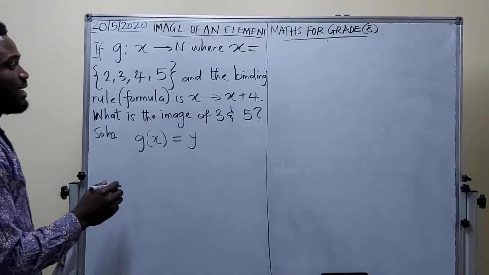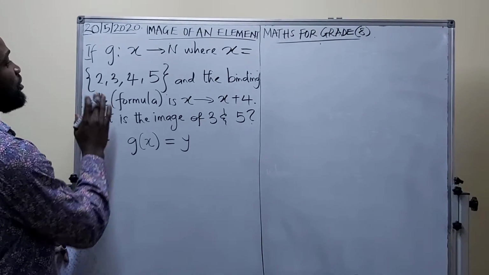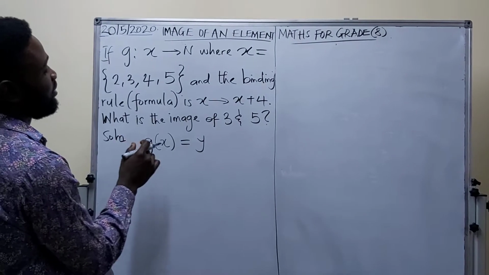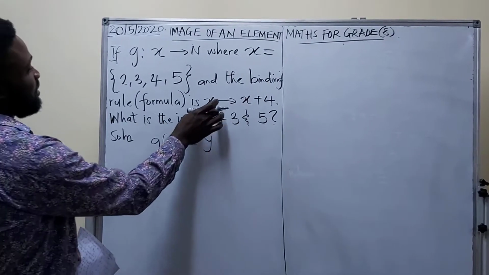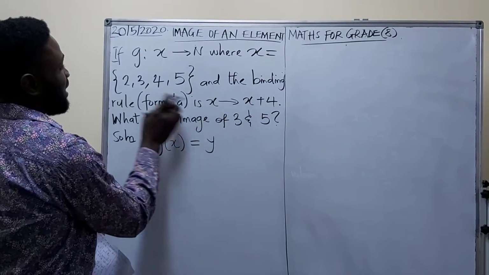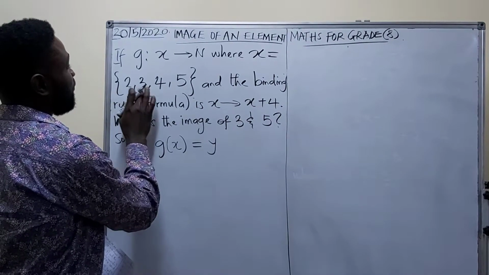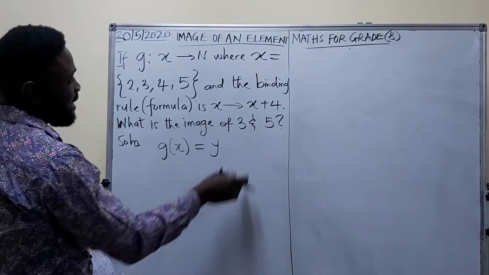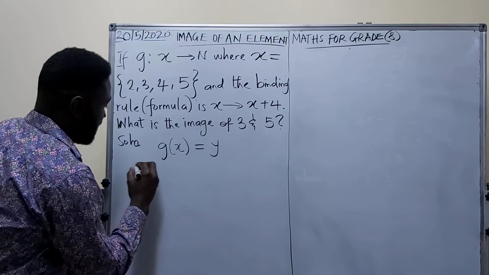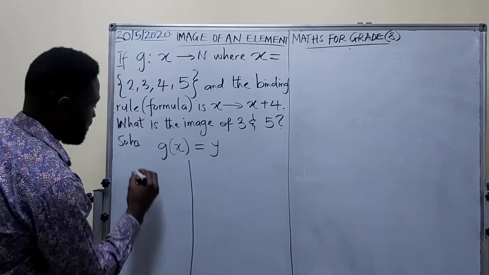Now, in this case, they have given us all the values of X, okay? This means now that this X, according to this formula, everything that has been given for the value of X, 2, 3, 4, and 5, will be under X, and this other part is the codomain. So let's write it again. That is, I have to divide this into 2.